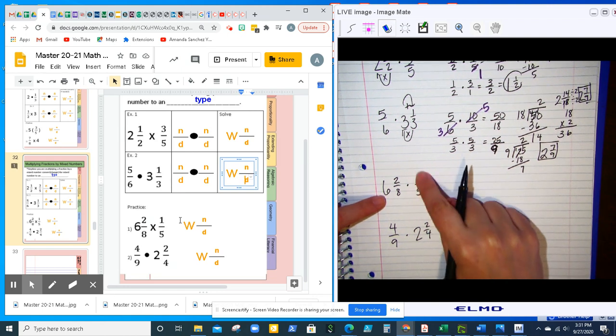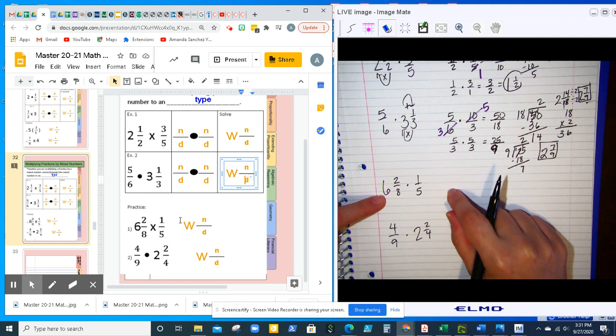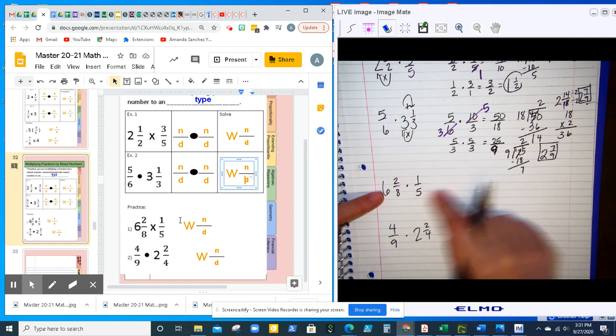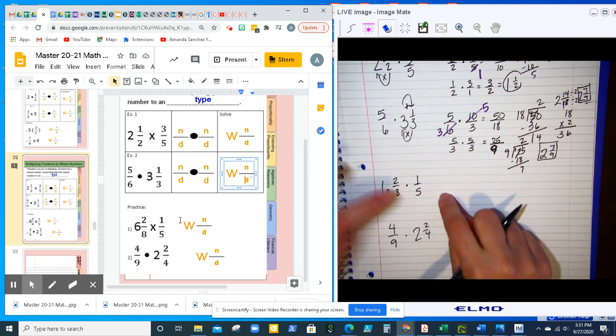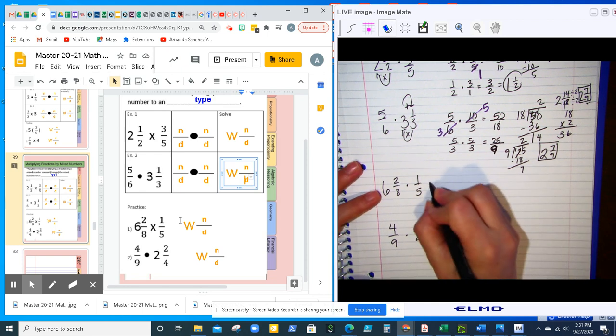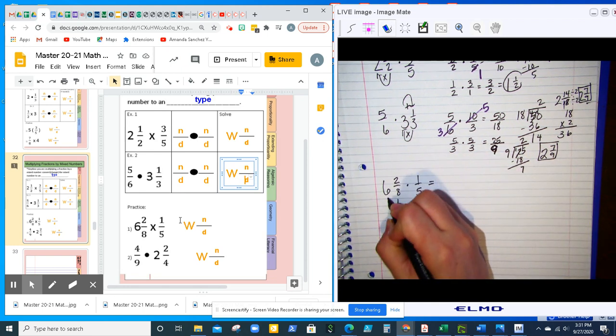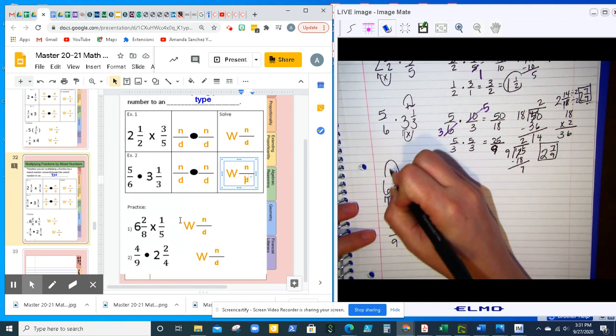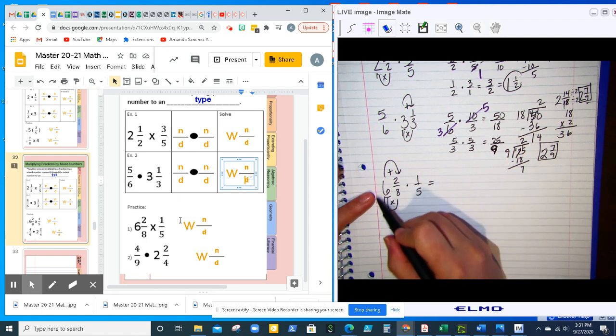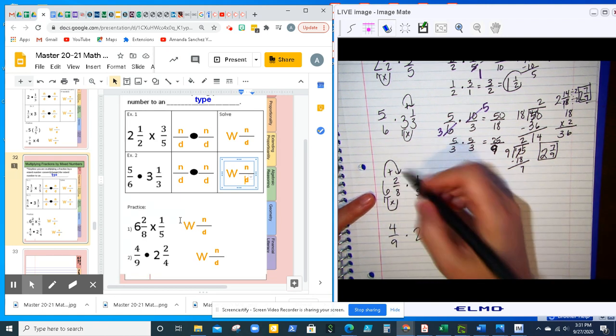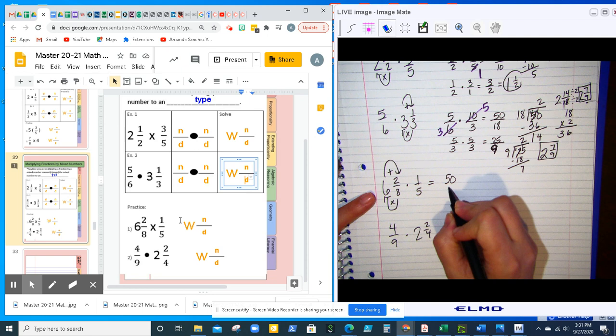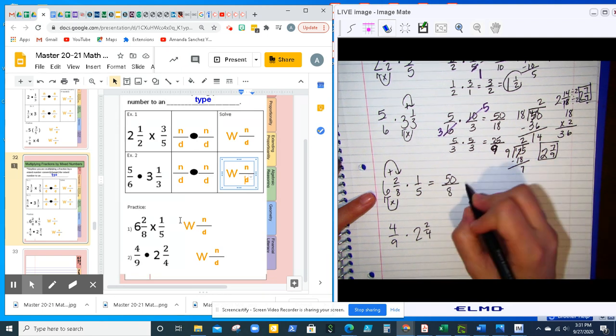If this number is greater than 1, then the product will be greater than this number. So since this is less than 1, our product's going to be smaller. So multiply, add. So 6 times 8 is 48, plus 2 is 50, and then the 8 stays the same.